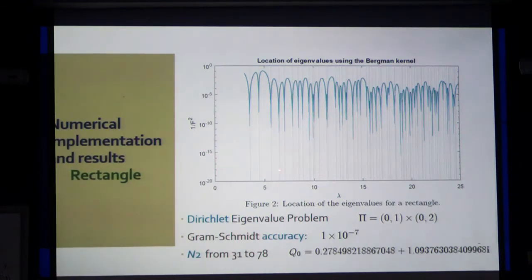And here you can see that the occurrence of the eigenvalues is very well established. It is very easy to locate the eigenvalues here. Again, the lines correspond to the presence of the eigenvalues, which in this case can be exactly computed.